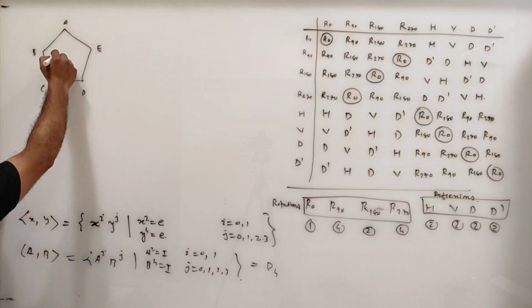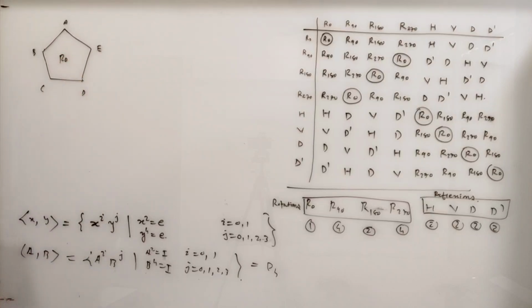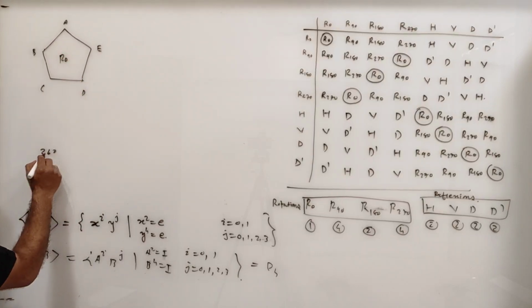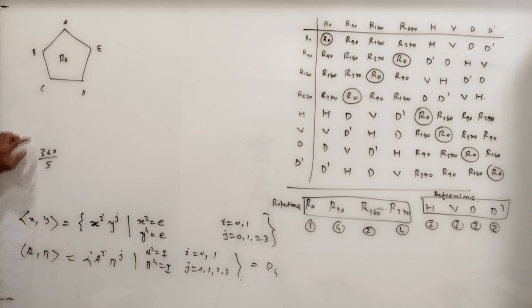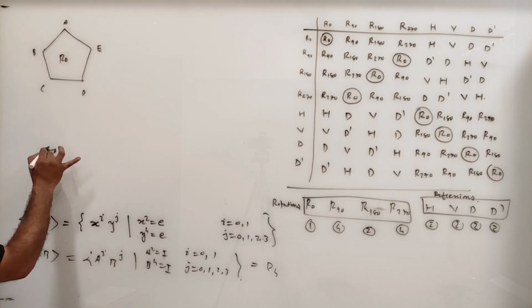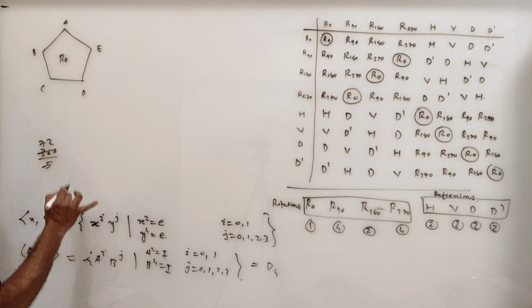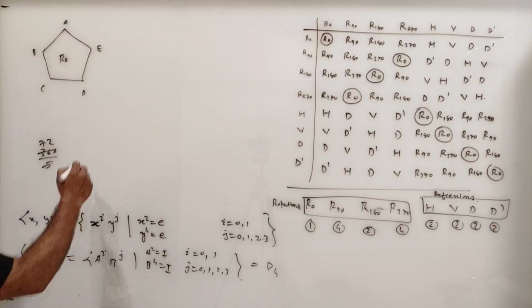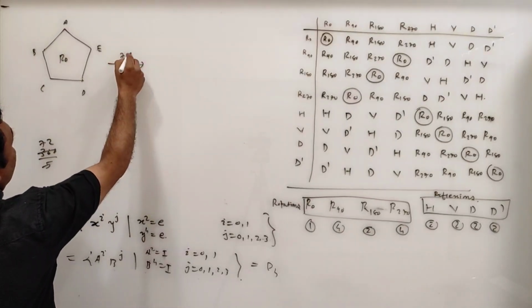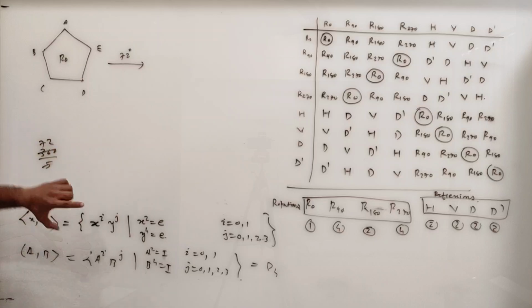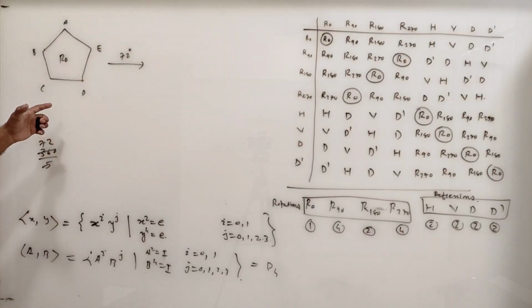See, if you say this is the R0 position, then 360 divided by 5 sides, so 5, right? So it is 72 into 5. So you give the 72 degree rotation, anti-clockwise or clockwise. Let us consider anti-clockwise, right?